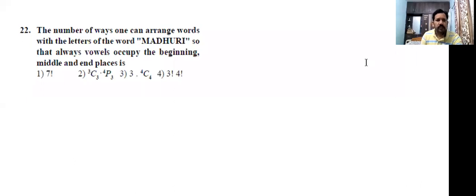Question number 22. The number of ways one can arrange words with letters of the word Madhuri, so that vowels always occupy the beginning, middle, and end places. In the given word, how many letters are there? We need to identify.